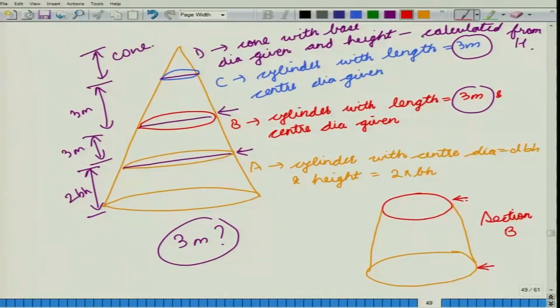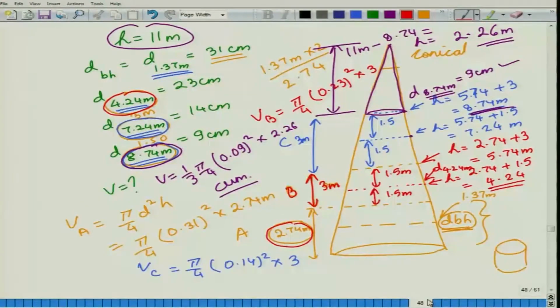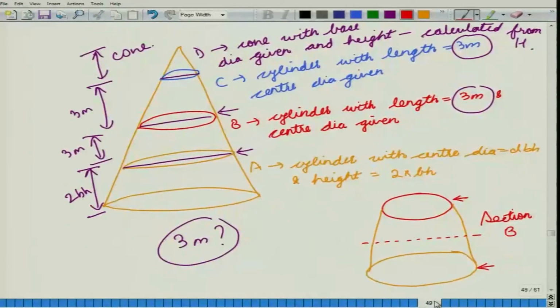Once you have made these cuts and once you have this log at hand, you can always measure the central diameter. So, the central diameter would be what was given to you in the problem. This is how we are going to make the cuts.